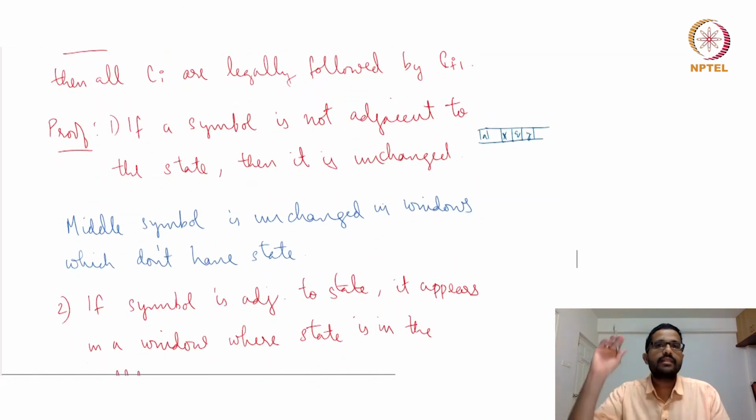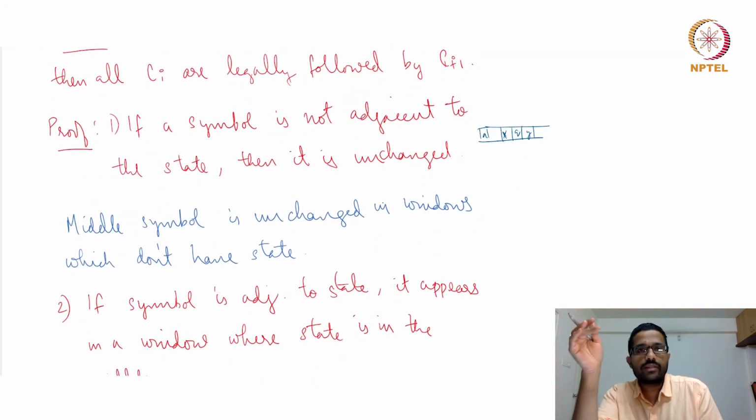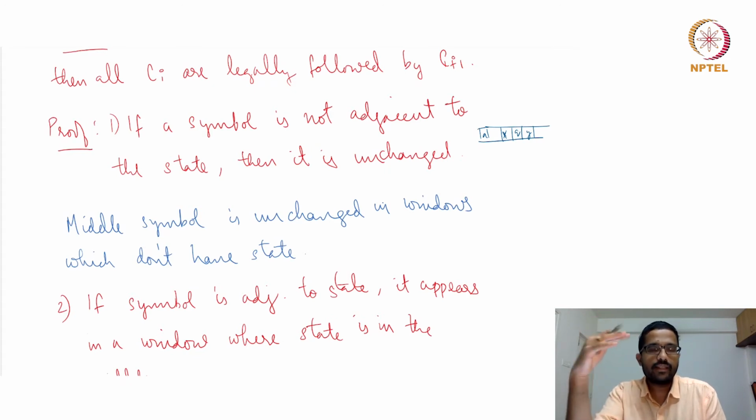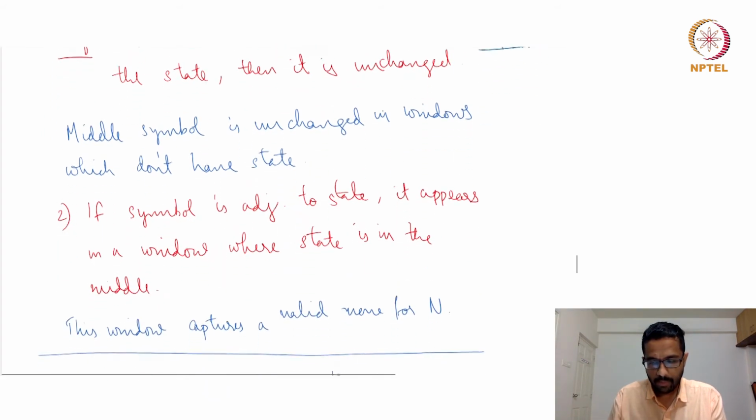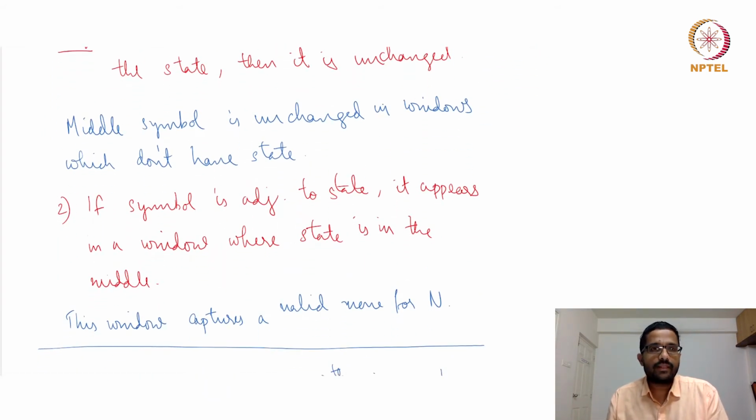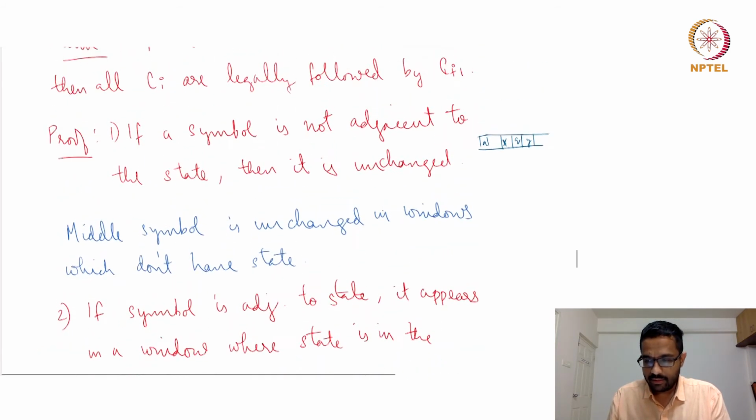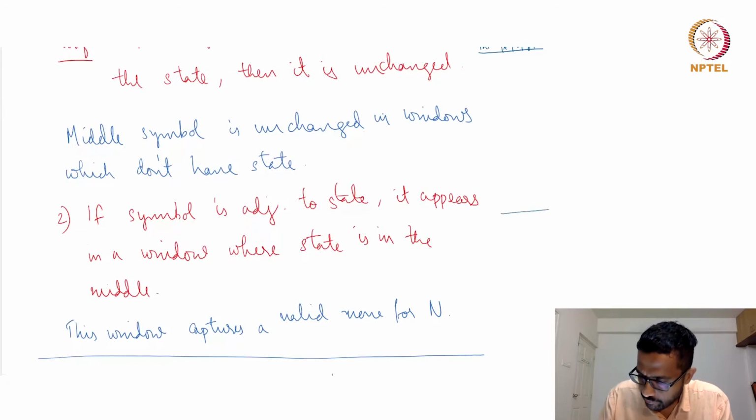So if a symbol is not adjacent to the state, it is preserved from the first row to the second row. If a symbol is adjacent to the state symbol, okay, something like X, Q, Y, where X is some symbol, Y is some symbol, and Q is a state.